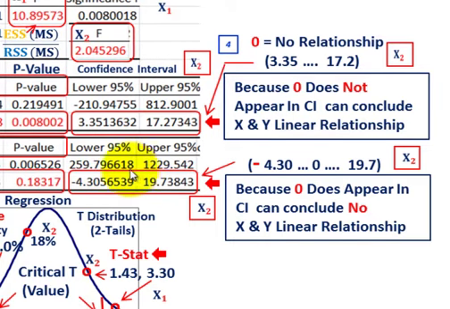Okay, so that'll pretty much summarize our example, where we looked at some Excel output to get some understanding of how we could make a comparison between those two different predictors that we're looking at to determine our y dependent variable.